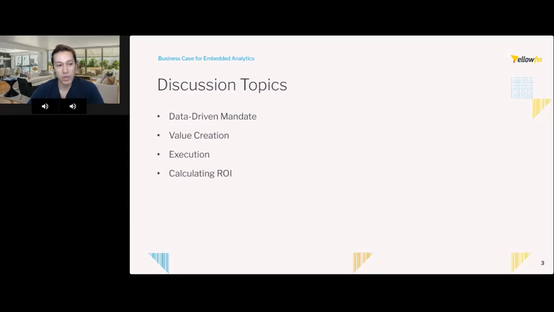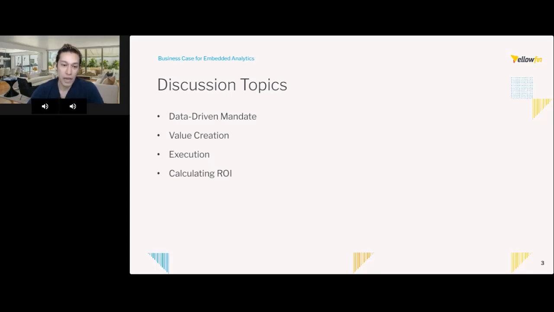But how do you really take that data-driven mandate and create value from it? So whether that's improving internal operations or delivering more value to your end users and customers, what is the actual process of executing on that, if you will? Because it's one thing to have an idea of creating value from data, but execution is key.